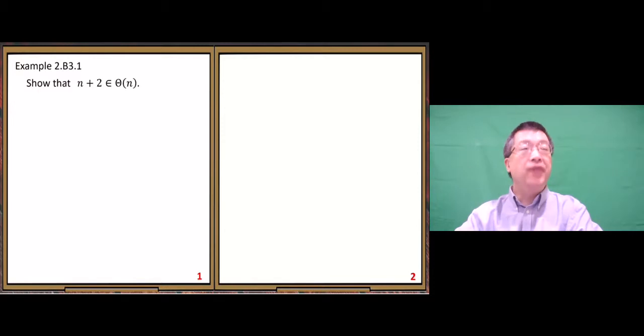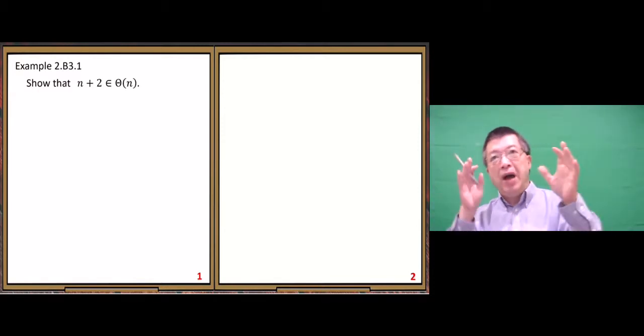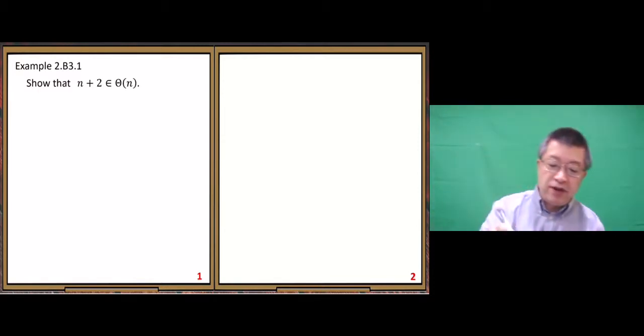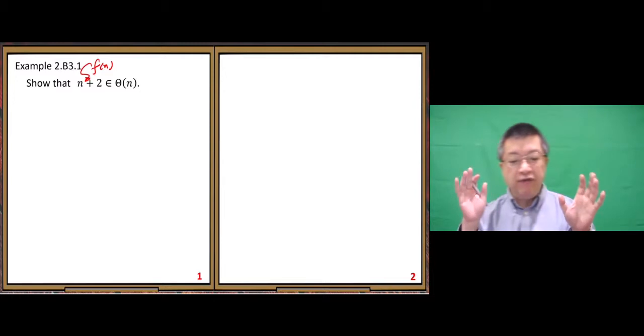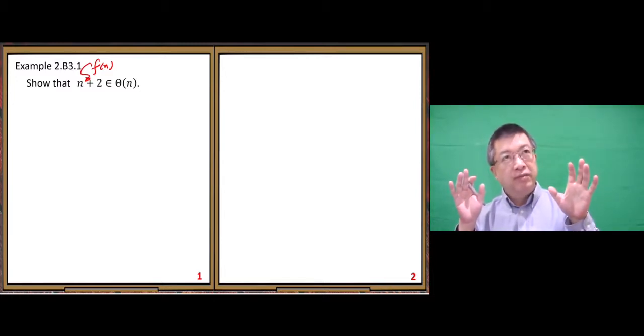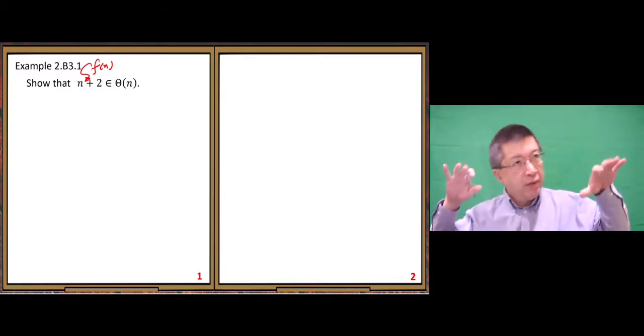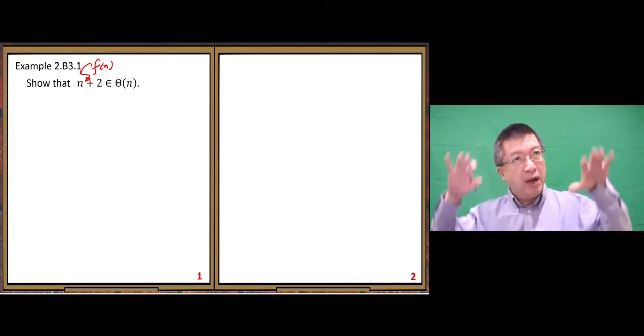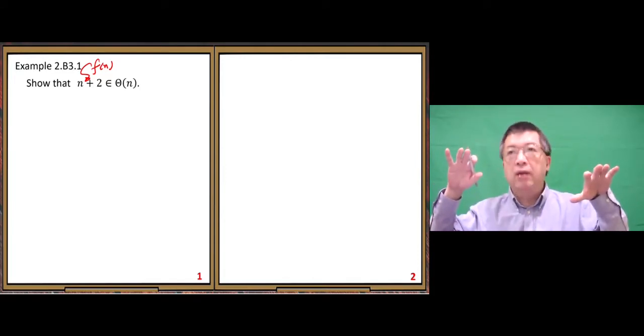With big theta, we try to bound our f of n function. n plus 2 is our f of n function. We try to bound it from above and also from below: two bounds, an upper bound and a lower bound.